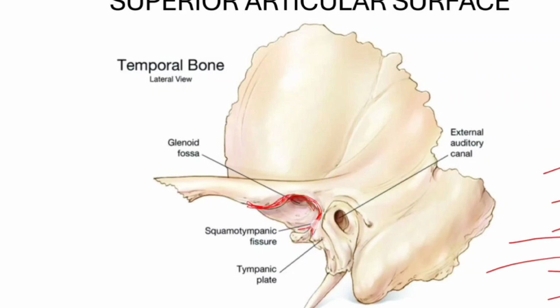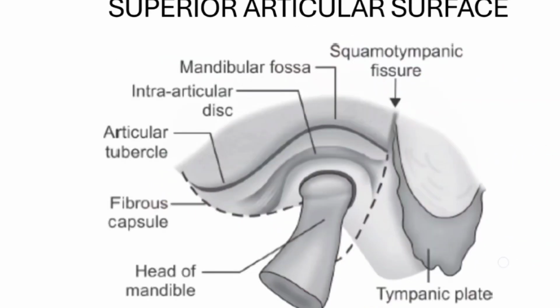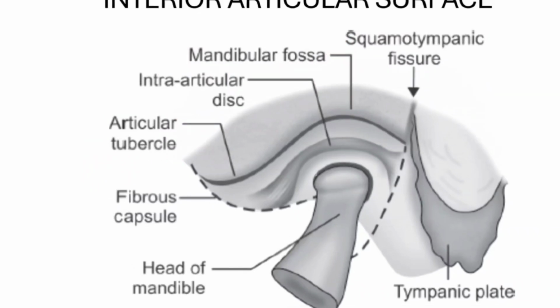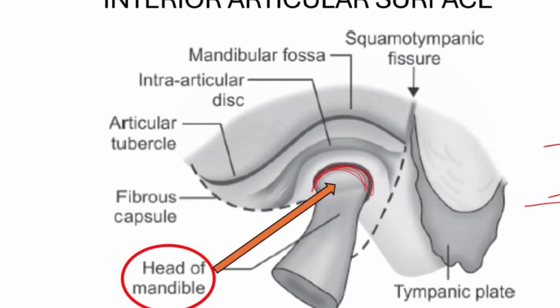Yes, these three structures form the superior articulating surface: articular tubercle, mandibular fossa, and squamotympanic fissure. And the inferior articulating surface is formed by only one part, that is the head of the mandible. Only the head of the mandible forms the inferior articulating surface.